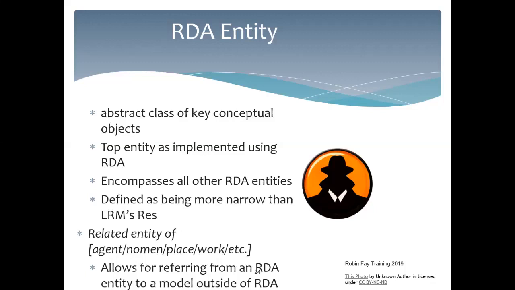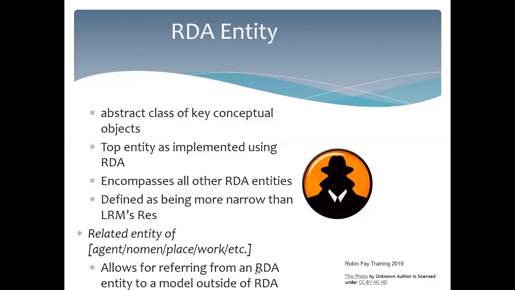The other thing about having this model, where we're just plugging in and then using everything below it, is that it allows for referring from an RDA entity model to outside of RDA. That allows us to potentially make our data more portable, interoperable, and transferable in the future.